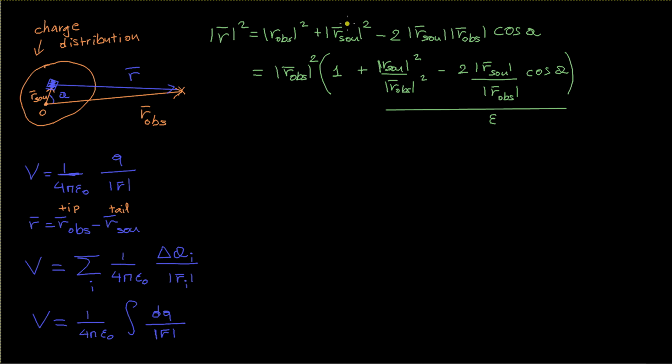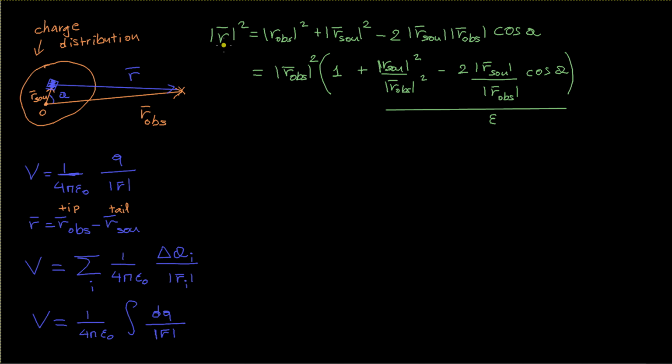Now, I take r obs squared out as a common factor, so what I have left is 1 plus r source squared over r obs squared minus 2 r source over r obs times the cosine of alpha. Here's the thing: I'm going to call this epsilon, and you will see why.